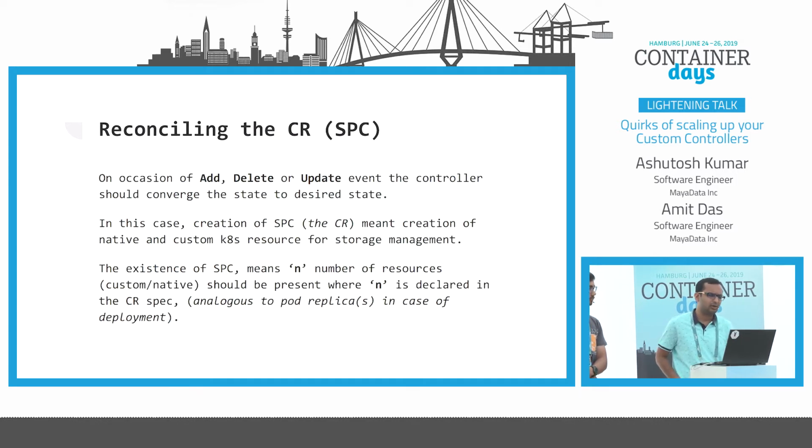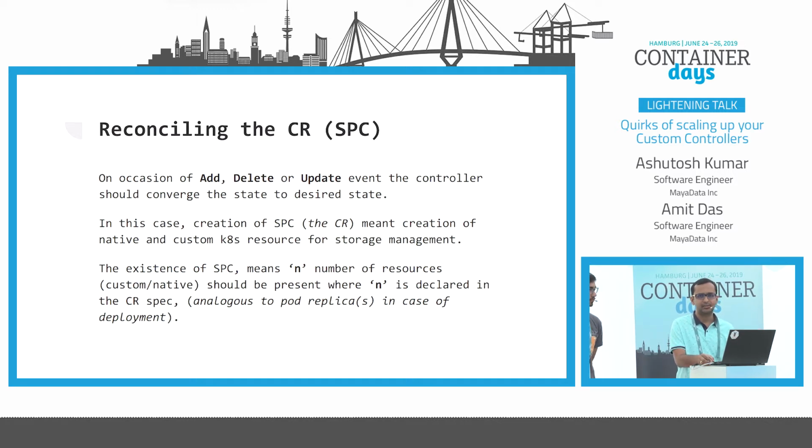So, more about reconciliation. Kubernetes exposes three hooks. One of them is add, and the other ones are update and delete. Via these three hooks, we try to reconcile the desired state into the actual state. In this particular case, we had a CR known as SPC, the storage pool claim.